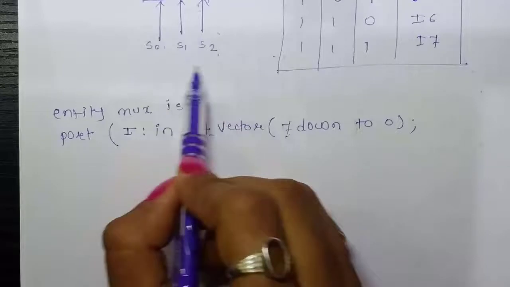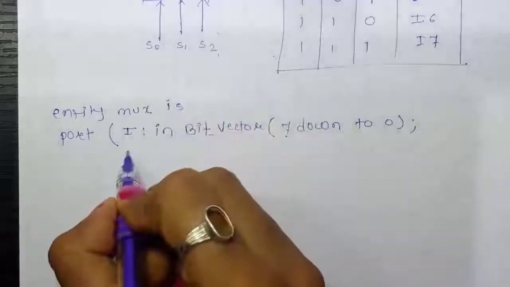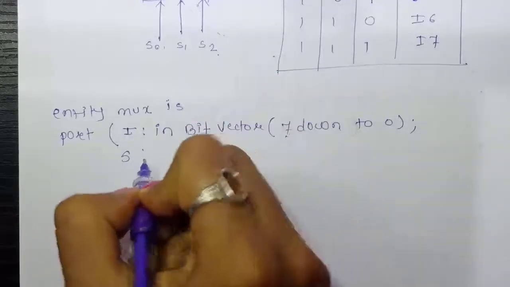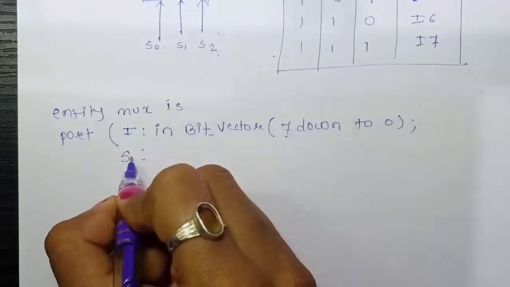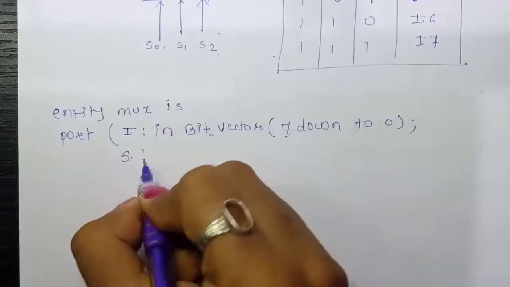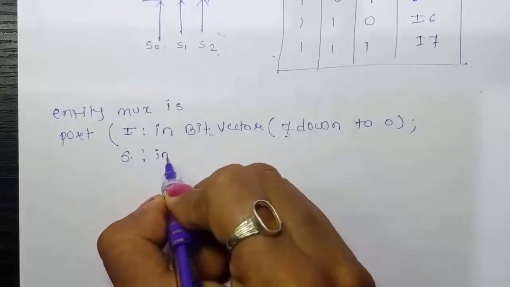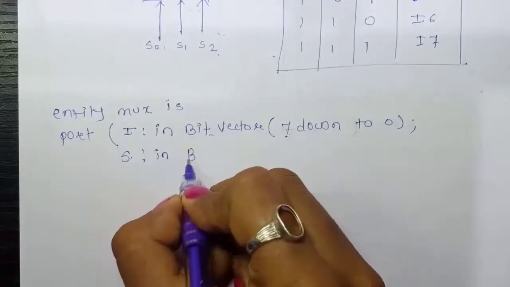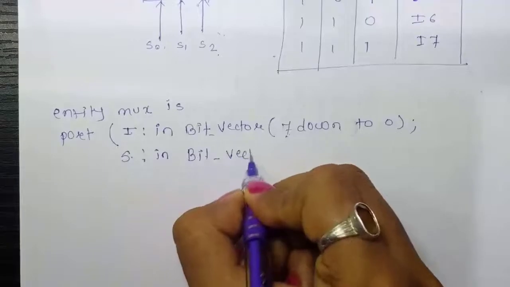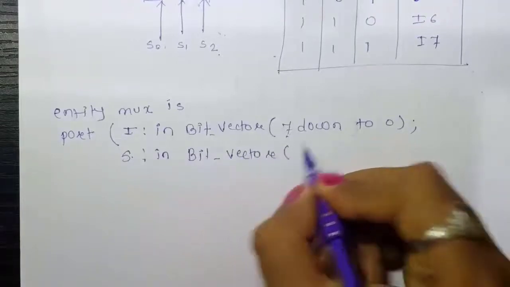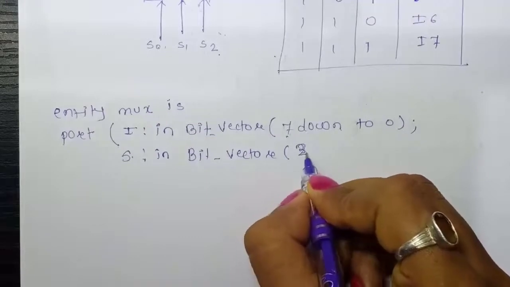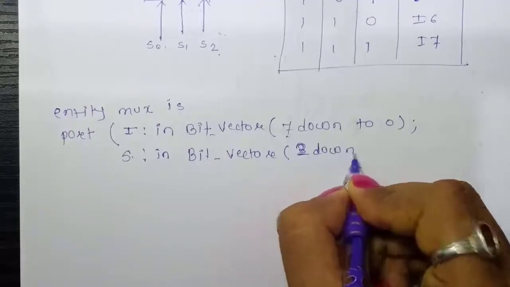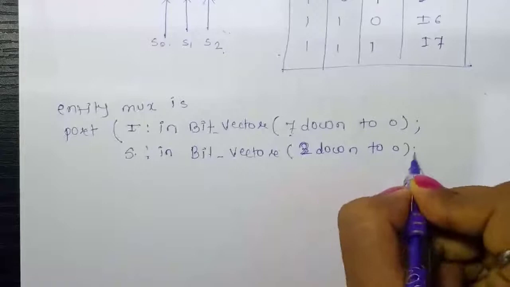So we can write it again as a single variable, so I am writing here S. In the previous example I wrote sel, here I am writing S. It depends on you. It is again an input type of port, so bit vector. Now what we have to write here? 2 down to 0.